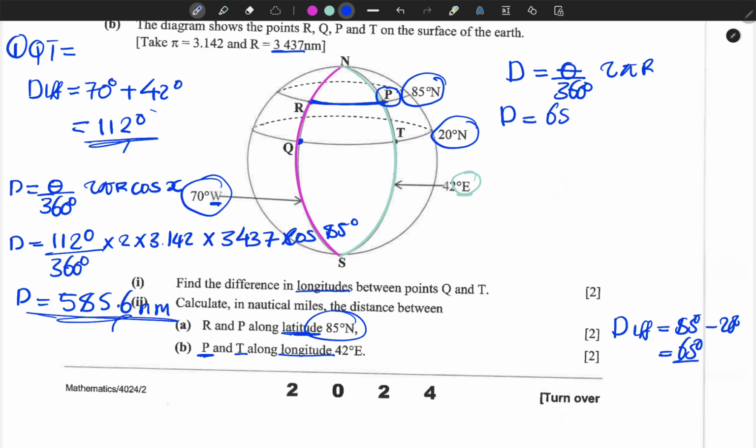So we get our 65 and put where theta is, times 2 times 3.142 times 3437. Then here the calculator must do its work.